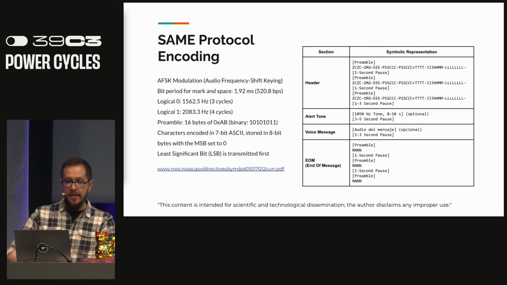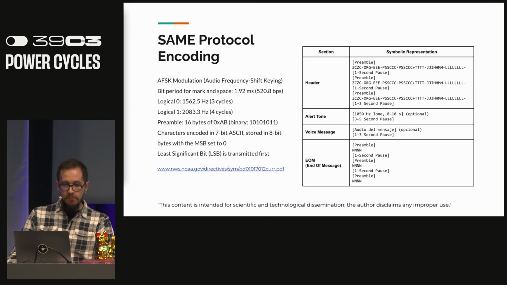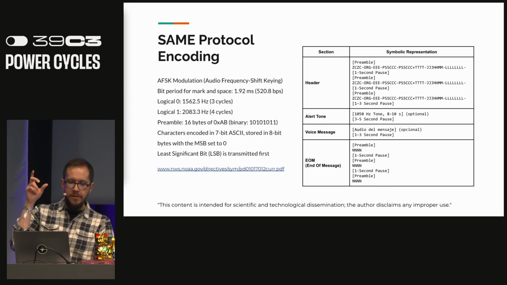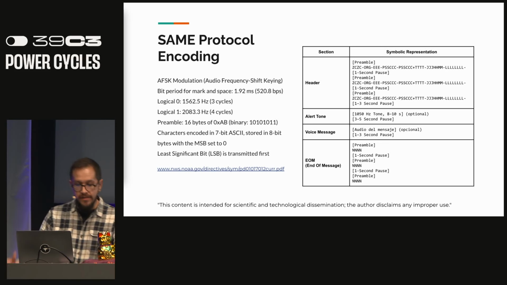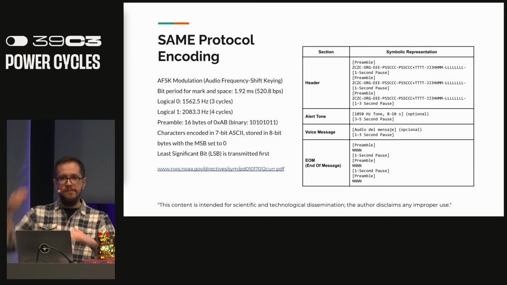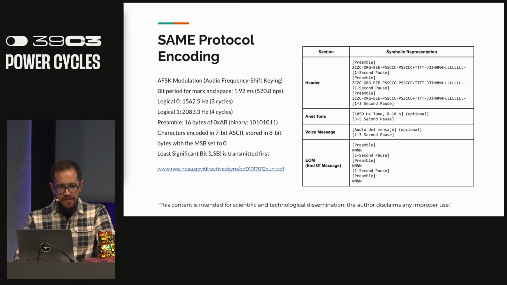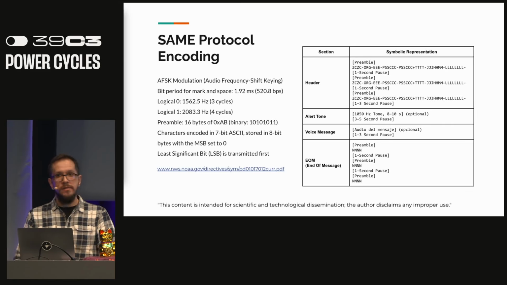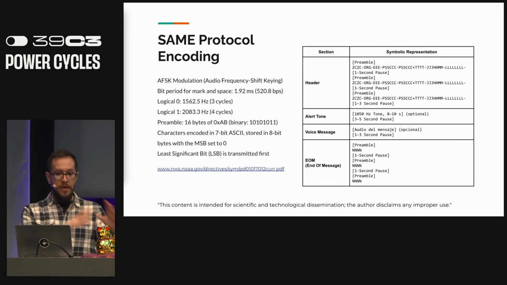So that's less than 600 bytes per second. There is a preamble. The characters are encoded in 7-bit ASCII, just the lower part of the ASCII table, and the least significant bit is transmitted first. So that's how the protocol is encoded in the air.